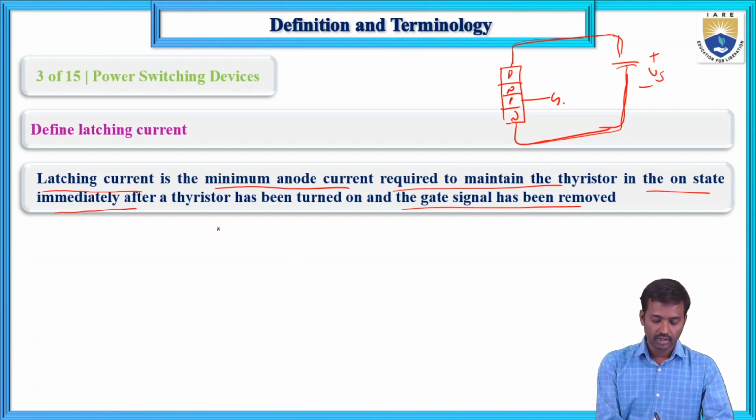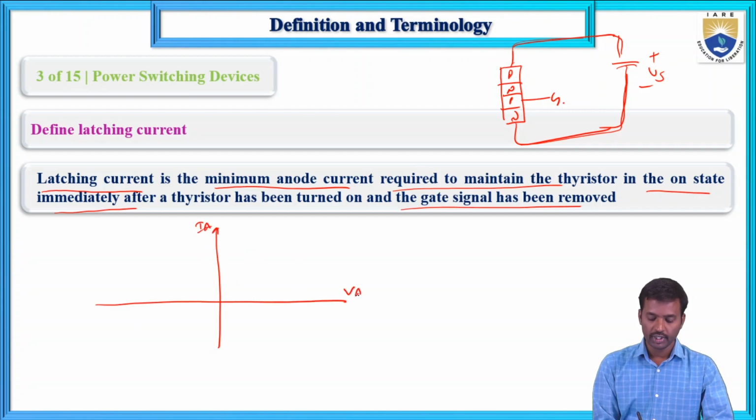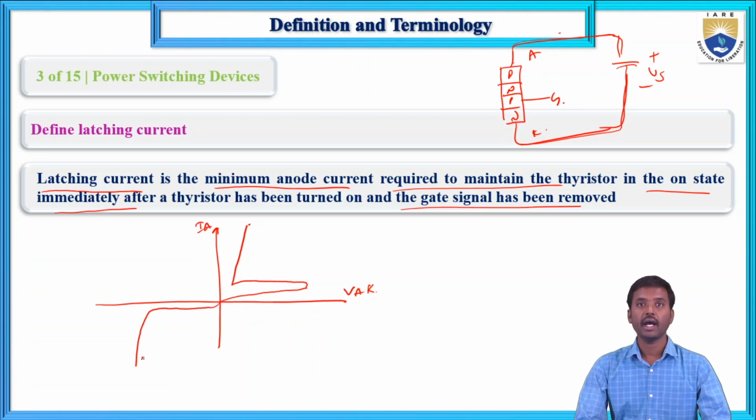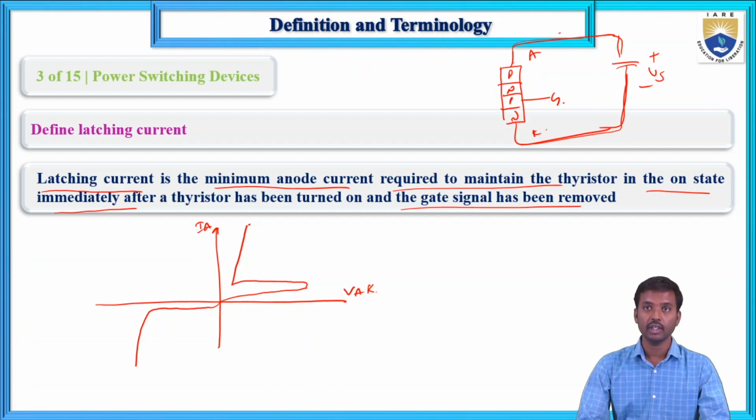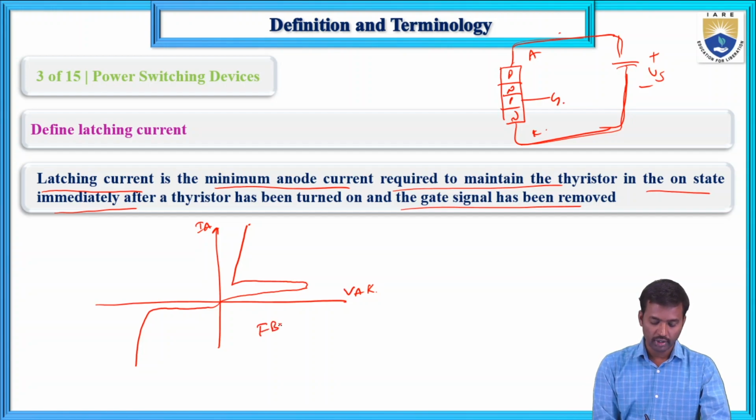Now if you draw the graph between the anode current and the anode voltage VAK, the graph should be like this. This is the reverse blocking mode. It operates in 3 modes: first the forward blocking mode, this region, next the forward conducting mode, and next the reverse blocking mode.